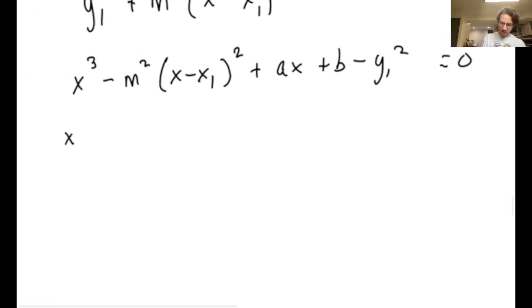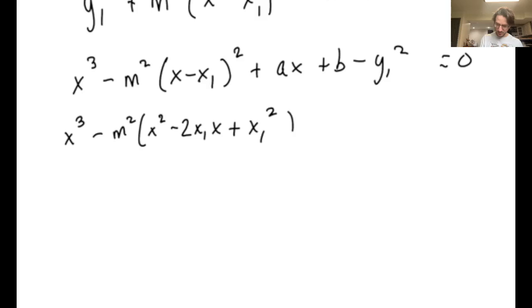I'll expand that square there. I get x cubed minus m squared times x squared minus 2x1 x plus x1 squared, plus ax plus b minus y1 squared equals 0.